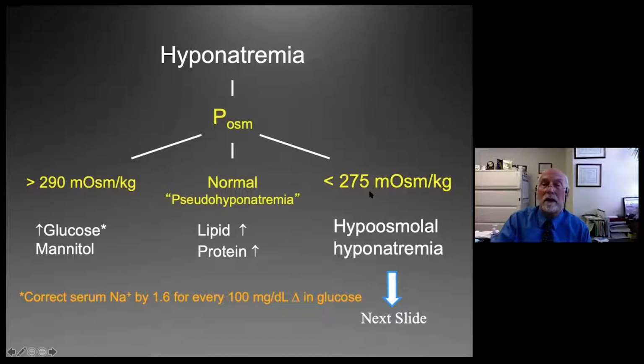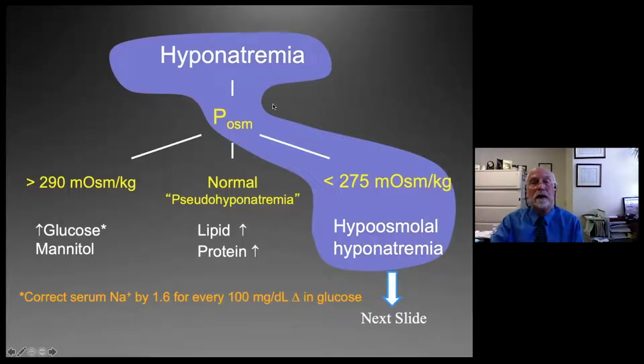So hypoosmolar hyponatremia brings us down this part of the decision tree, because we've confirmed that there's hypoosmolality and there's hyponatremia. And this is where this patient falls.